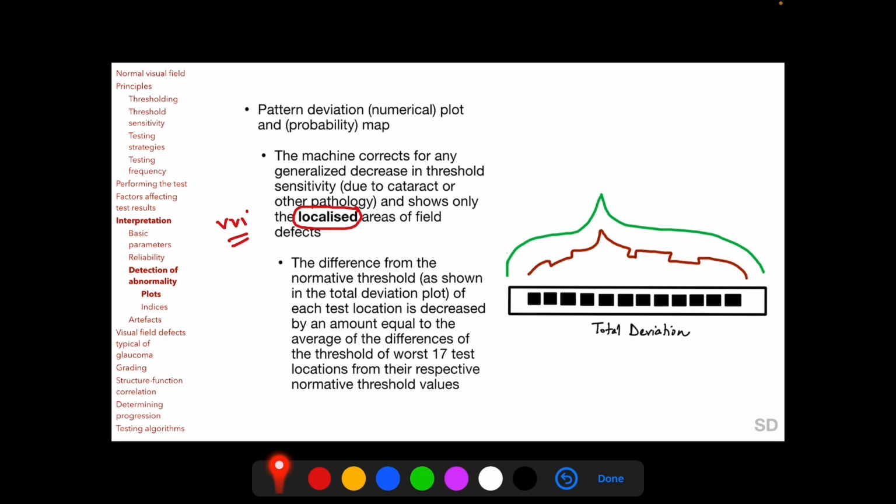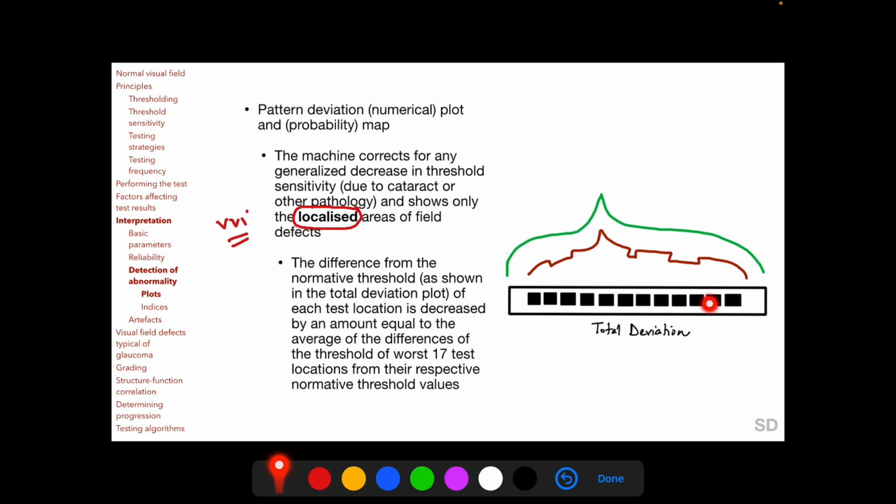And we can see that there is both a generalized reduction in the threshold sensitivity as well as further localized defects along the hill of vision for the subject. But if we measure the total deviation along each point at this meridian, the test locations along this meridian will all show the probability of the total deviation from the normal age-adjusted threshold sensitivity to be very low at each of these points.